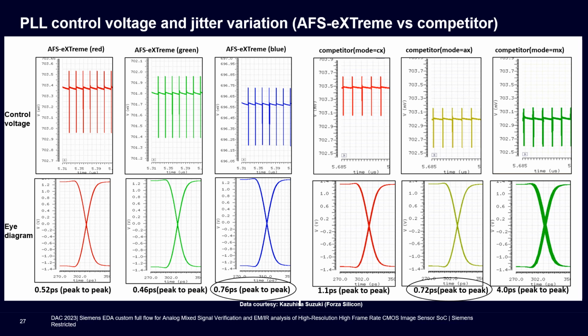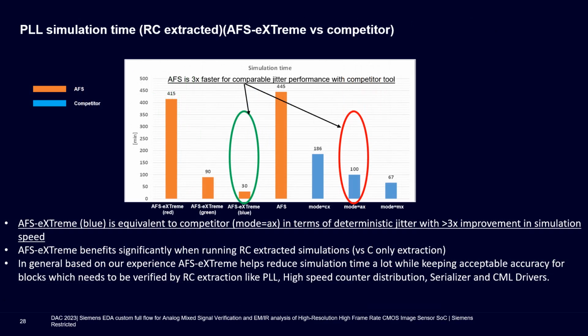However, a natural question to ask is, how does AFS Extreme compare with the competitor tool in terms of simulation runtime? The answer to that question is in this slide. AFS Extreme blue mode took 30 minutes versus competitor AX mode, which took 100 minutes.